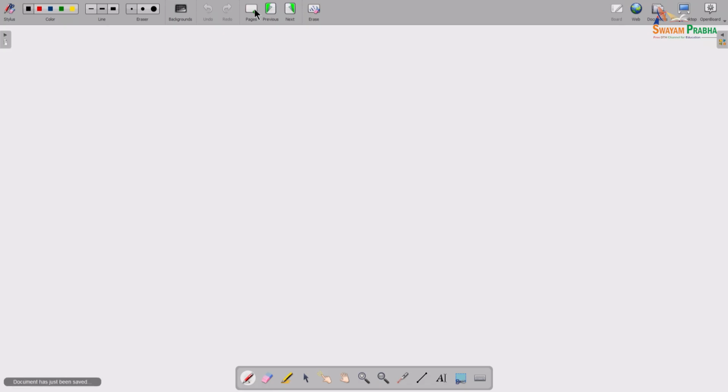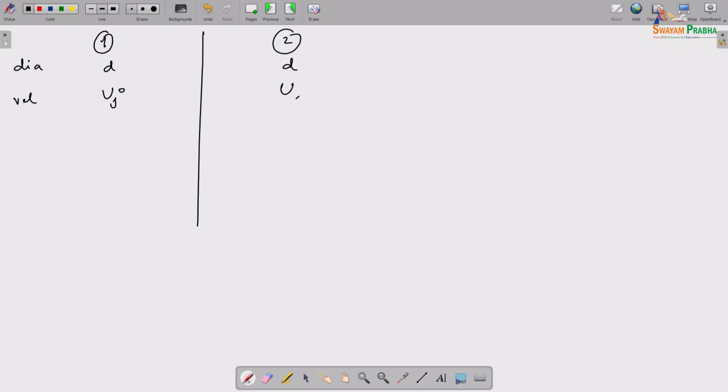We'll look at two flows. I'll give you two scenarios. This is one, and this is two. Let's say the diameter in the first case is d. Here also it's the same. Then you've got the velocity, which is, say, uj. This is also uj, the same. Then you have the viscosity. This one is, say, nu1, and this one is nu2.